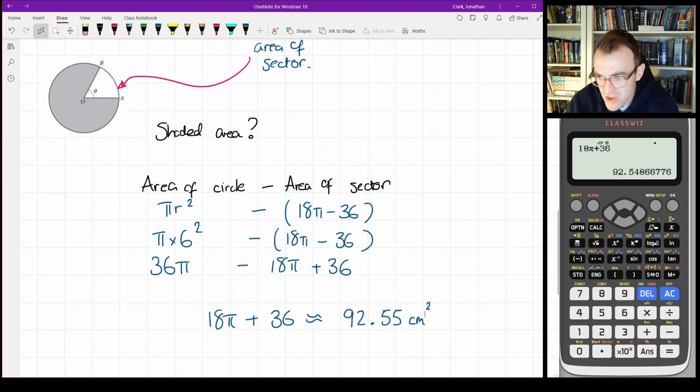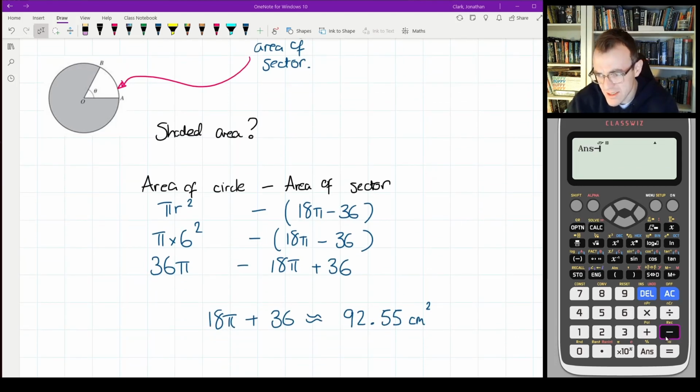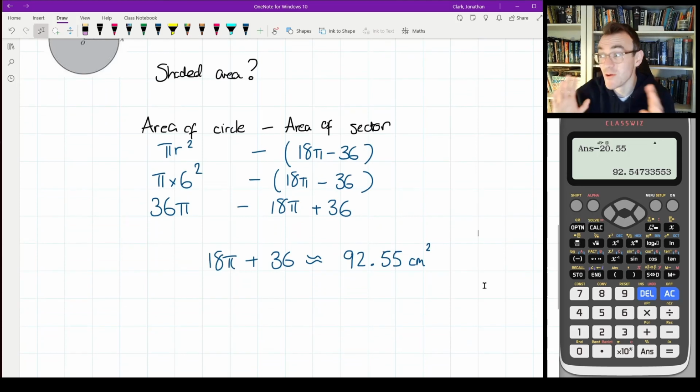So the area of the circle on its own was pi r squared. The entire circle, yeah, it's 113. The sector was 20.5. Yeah, so that's about right, isn't it? Let's just take away 20.55. Yeah, brilliant. Yeah, so that now seems okay.